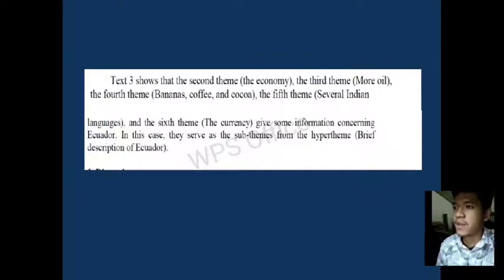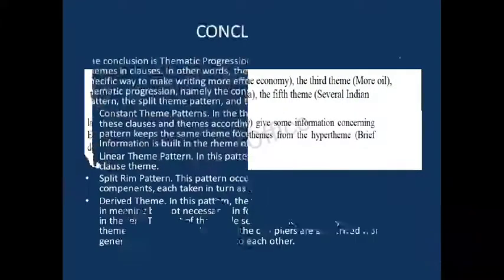From this point, we can see that the second theme, the third theme, the fourth theme, the fifth theme, and the sixth theme give some information concerning Ecuador, which is the hyper theme. In this case, they serve as the sub-themes of the hyper theme.